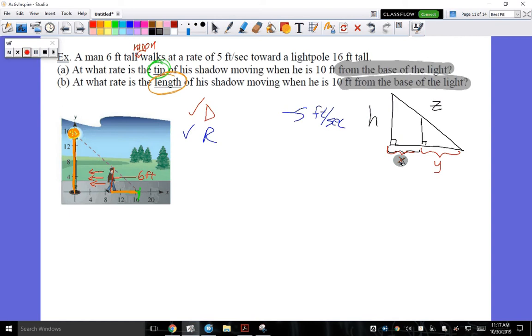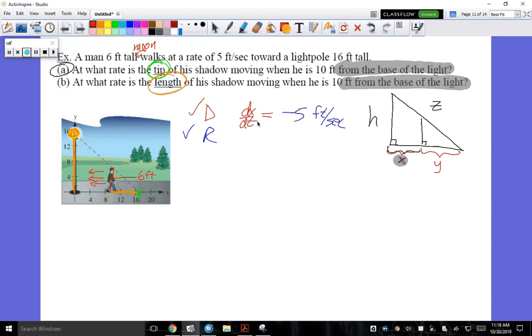Okay, here we go. We need to set up part A, at what rate is the tip of the shadow moving? First of all, we can finally put what this is equal to: dx over dt. If you don't understand, you have to stop me right whenever it happens.